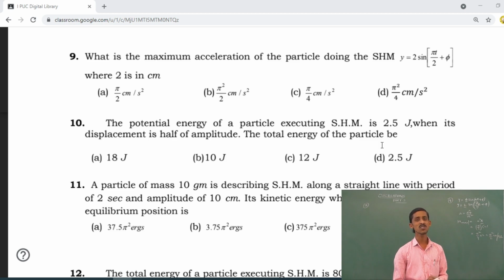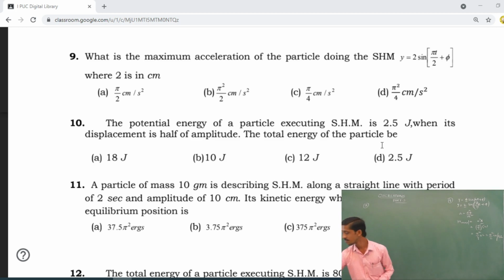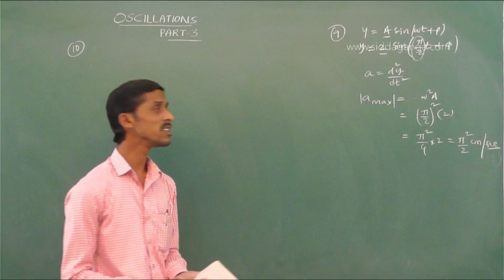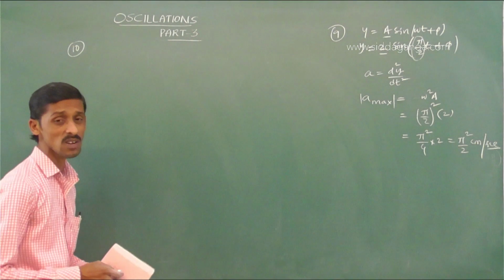In the previous class, we have discussed it very clearly. This type of question can be answered in 5 to 10 seconds. Potential energy is given only at half of the amplitude. What about the total energy?